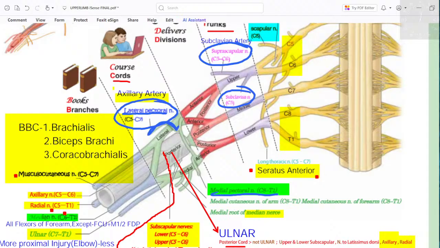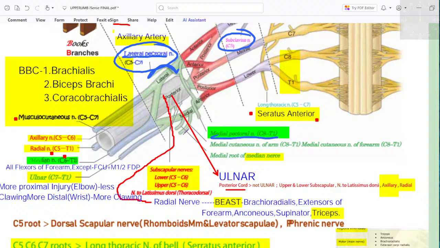And from the posterior cord, just remember this mnemonic, ULNAR. From the posterior cord, how will we remember? U for upper and L for lower subscapular nerve, upper and lower subscapular nerves.